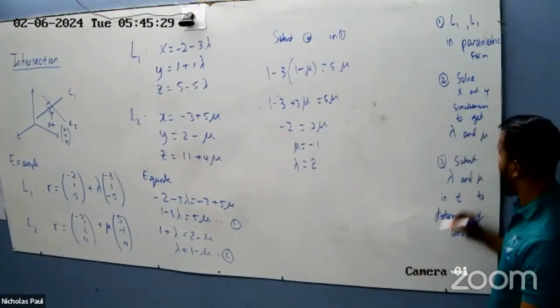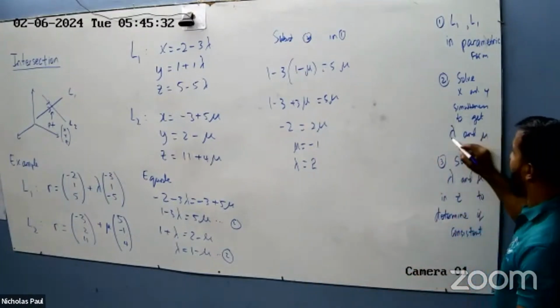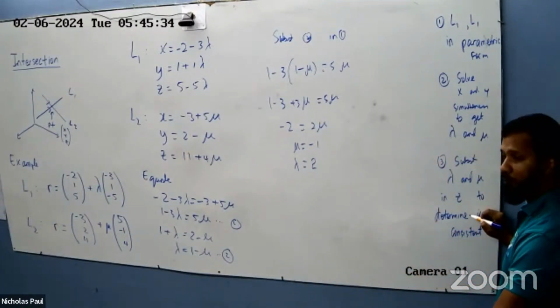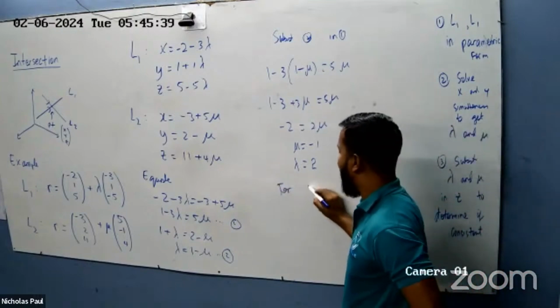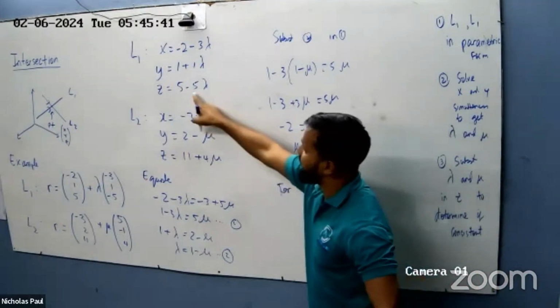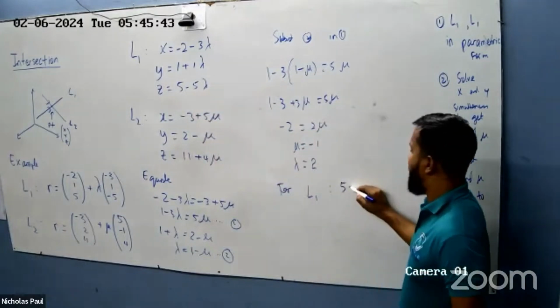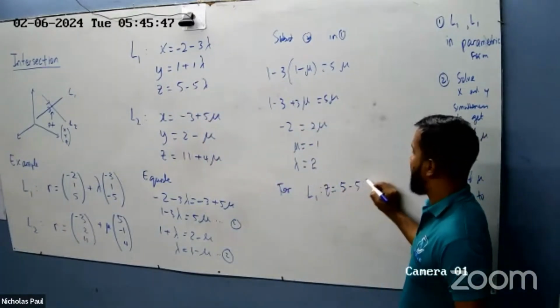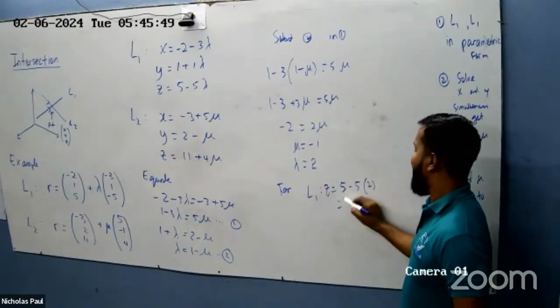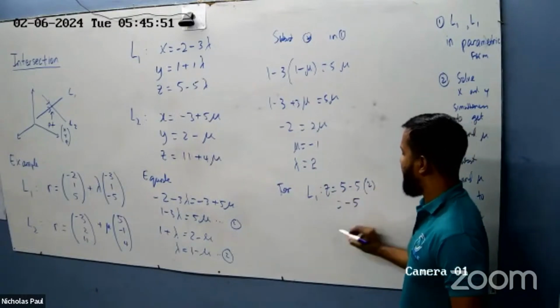What's the last step? We found lambda, we found mu. Substitute them and see what you get for Z. So for L1, Z is 5 minus 5 times lambda. So I got 5 minus 10, which is minus 5.